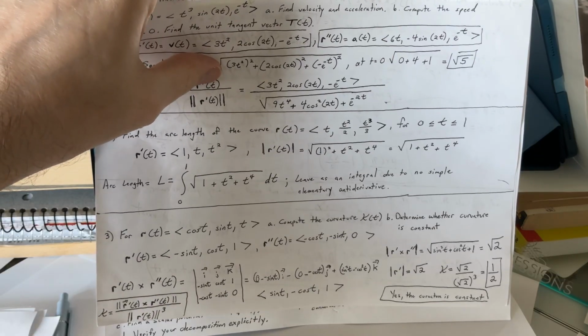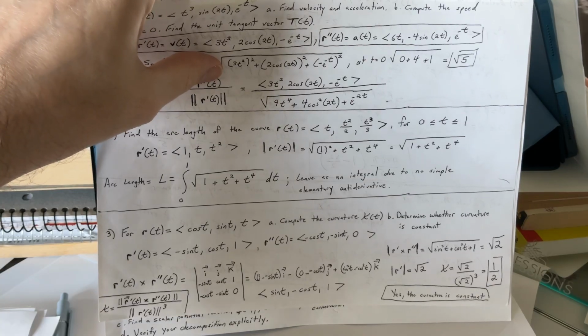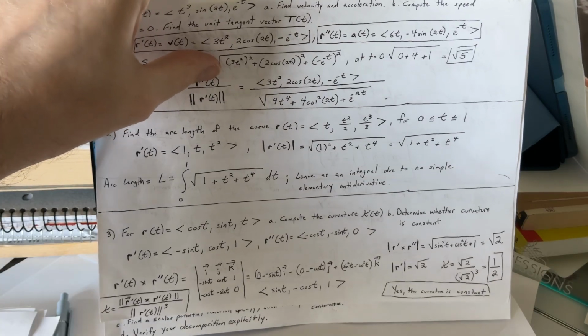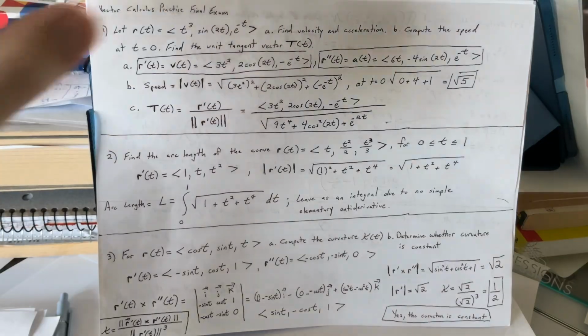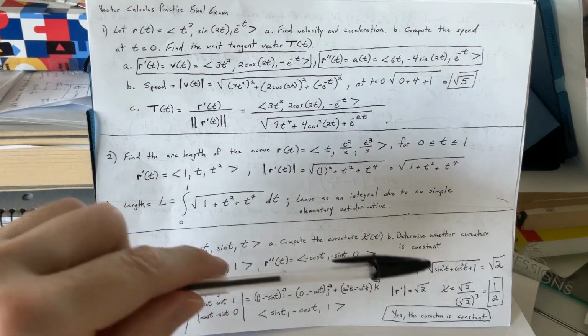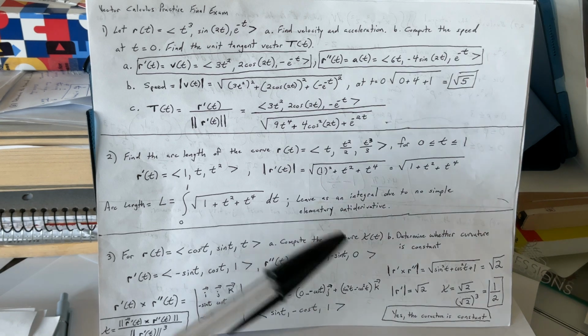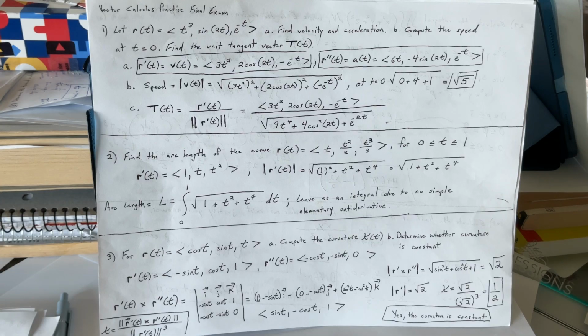You have the magnitude of the cross product of r prime and r double prime over the magnitude of r prime of t to the third. So keeping that in mind, if you were to compute all of this, you're going to get your curvature is equal to root 2 over root 2 cubed. We did most of the work, it reduces to 1/2. And since that's a constant, yes, the curvature comes out to be constant for letter B.